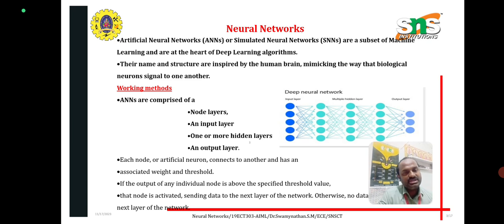This is the function of the hidden layers. There can be more hidden layers, as the diagram shows. Based on the hidden layer activation function, it activates the next layer.